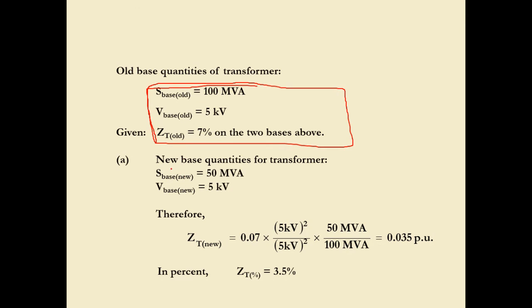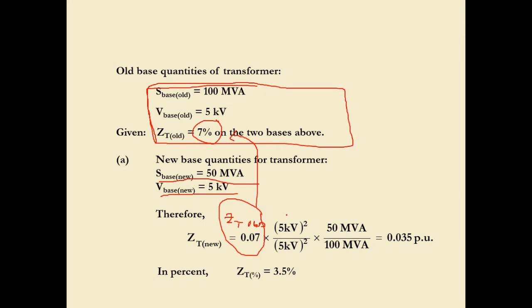And then the new base quantity for transformer. So we have S base new 50 and V base new 5 kV. Therefore, ZT new: 0.07 is ZT old over here. So this should be taken from here, 0.07, right?